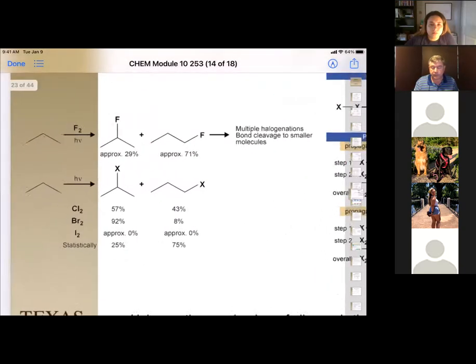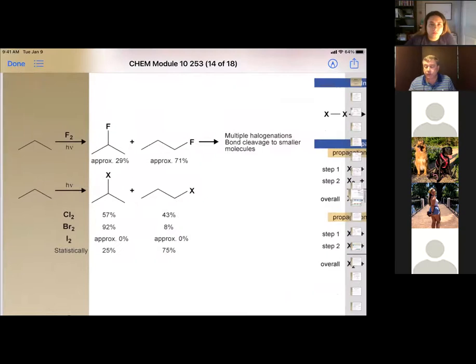Let's look at this right here. If we wanted to do a general reaction where we have propane, 3 carbons, and we are going to halogenate it, statistically, there are 2 hydrogens to replace here and a total of 6 hydrogens to replace there, giving us approximately 2 and 8.